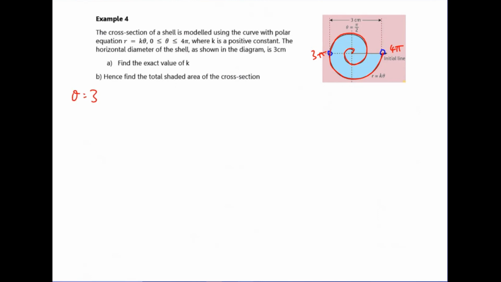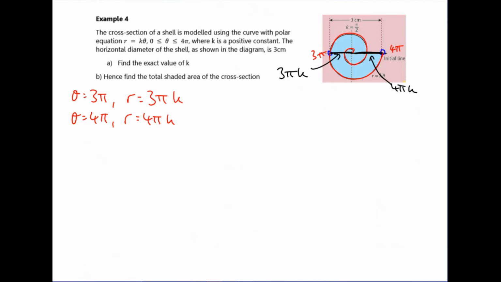So when theta equals 3 pi, r equals 3 pi k. Okay, so that's its length from the pole to that point there. That's the r coordinate. But do the same for theta equals 4 pi. I get that r equals 4 pi k, which is this length in here.